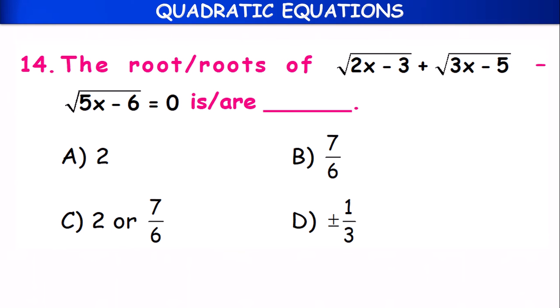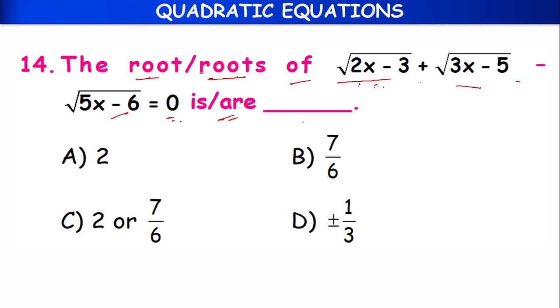Here the question is: the root or roots of root of 2x minus 3 plus root of 3x minus 5 minus root of 5x minus 6 equal to 0 is or are dash. They have given one equation and we have to find the root or roots.